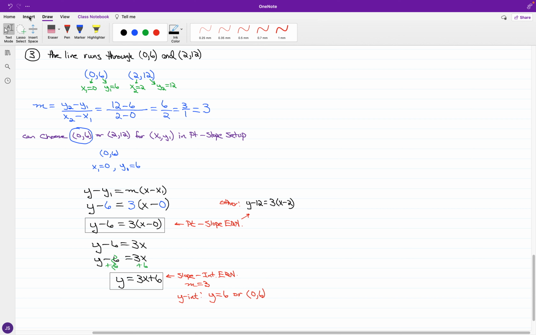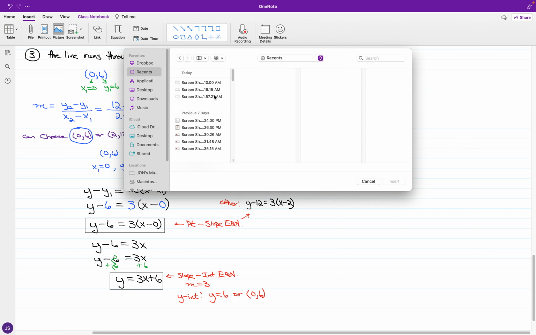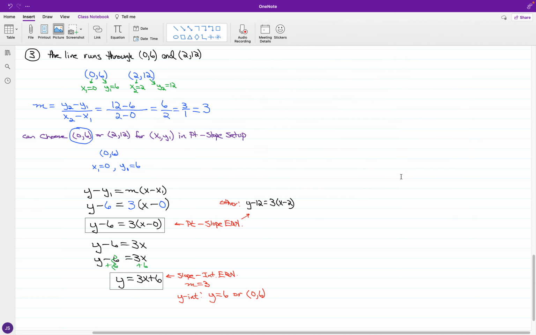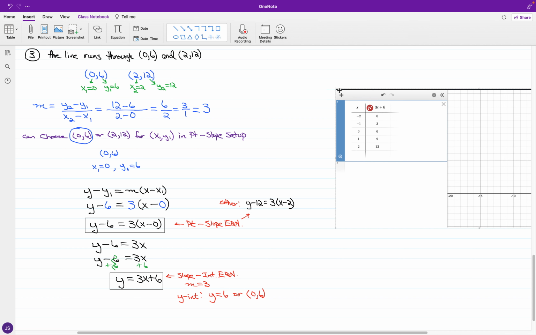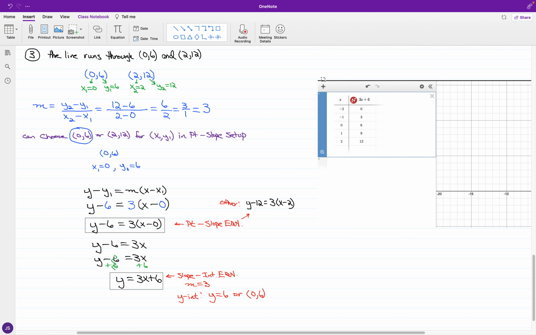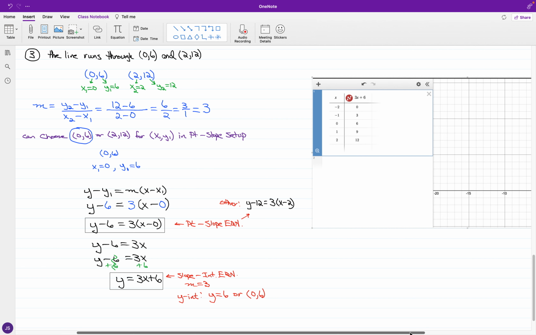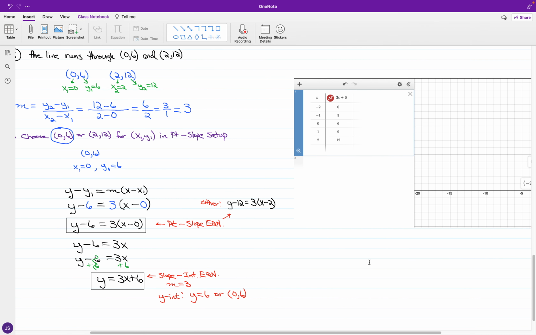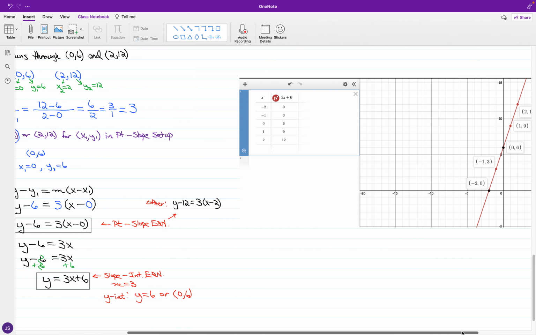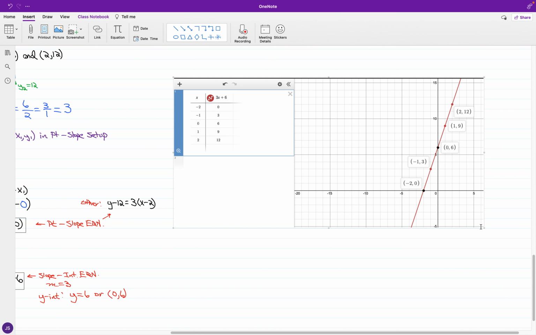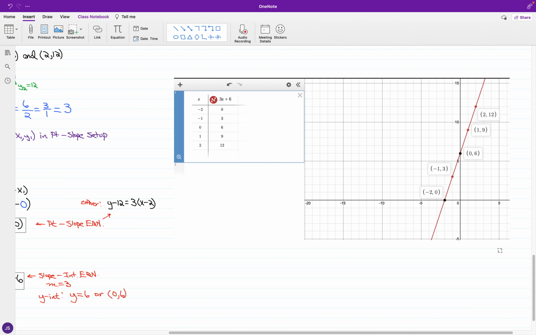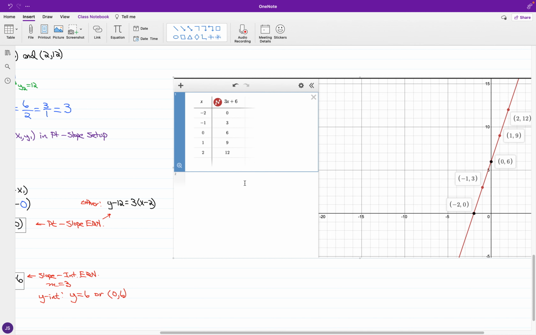And just for what we have in the visual layout, for y is equal to 3x plus 6, if you notice in the table we have the coordinates we started working with.